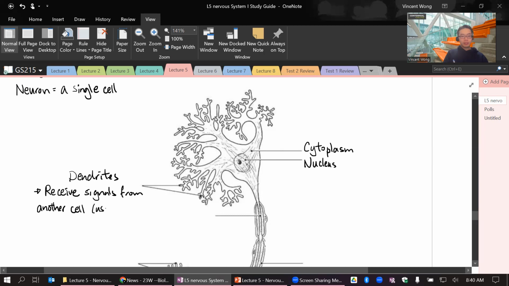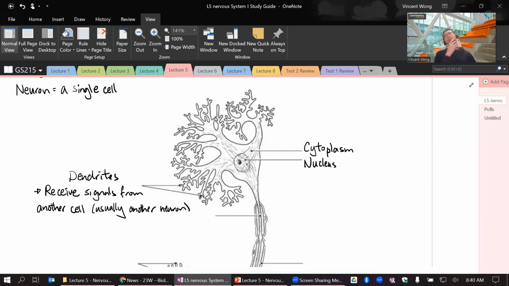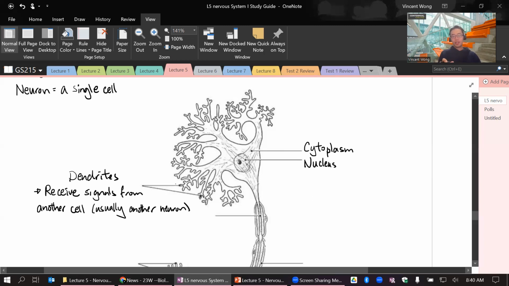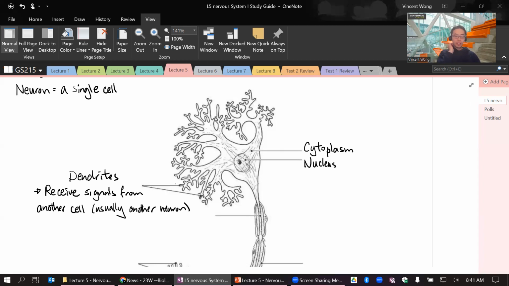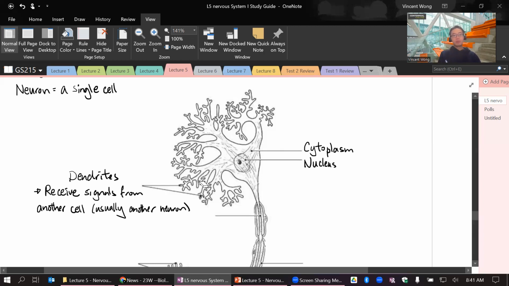Now, this other cell is usually another neuron, but not always. We're going to, again, talk about that more later on. There's just so much information, it's impossible to introduce everything at the same time. So I'm just going to have some gaps here and there for now, and then as we progress through this lecture, we're going to fill in those gaps. So dendrites receive signals from another cell, and usually that other cell is another neuron, but it doesn't have to be.